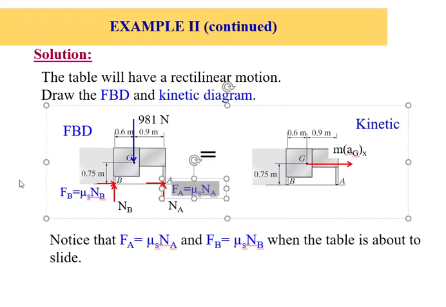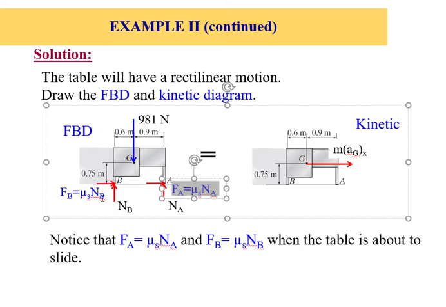We're looking at the maximum, so it must be in the same direction. But if it starts to slide, then it's going to be opposite. But we're looking at the maximum just before sliding, so it's a fair assumption. If the sign of FB and FA turns out to be the other way, then we later flip it.